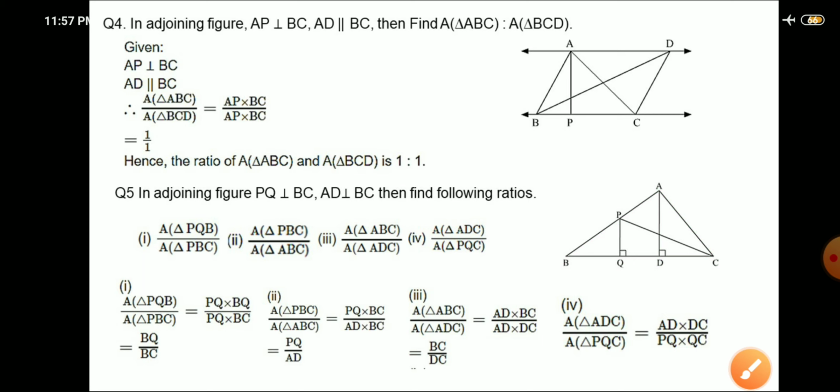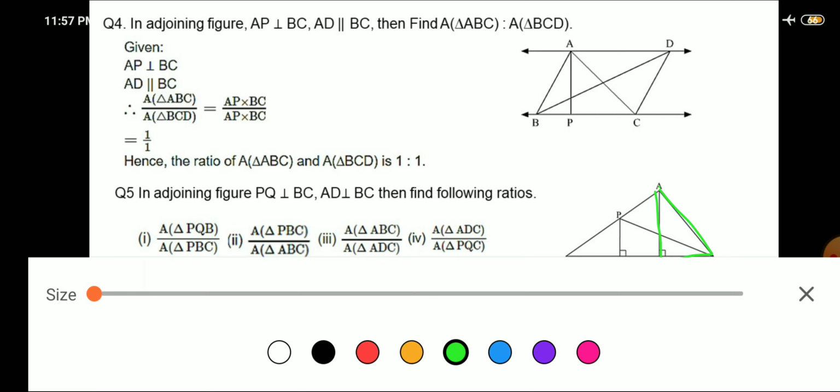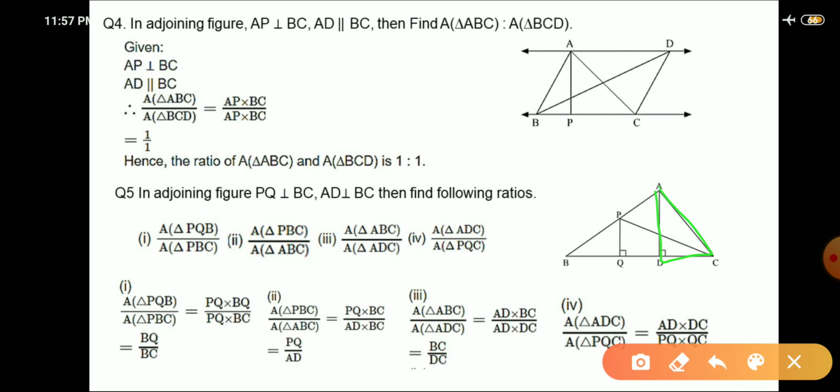And finally, fourth, the ratio of the area of triangle ADC and triangle PQC. Here we see that the base and the height of both these triangles are different.